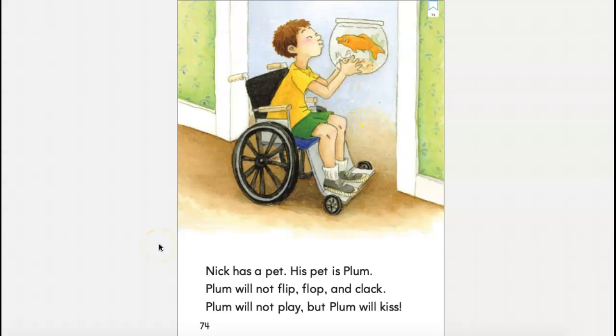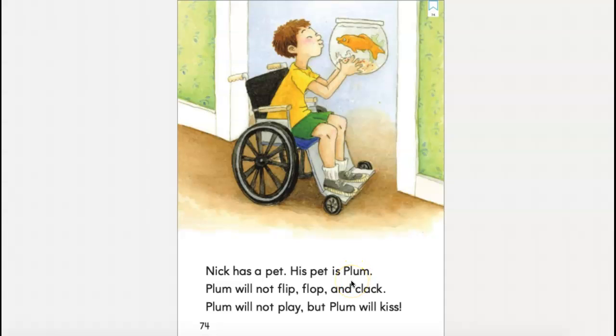There are a few words on this page that have the blend with the letter L or even the short O sound. Can you tell me a word that has the blend with the letter L? The name Plum, which is the name of Nick's fish.